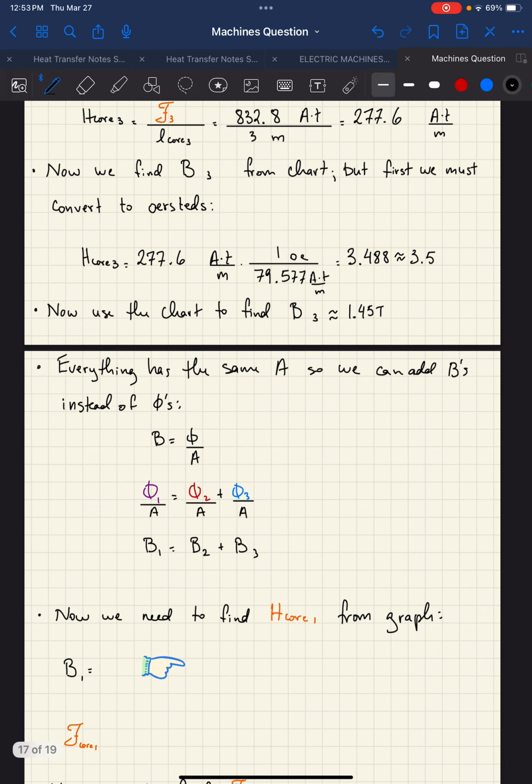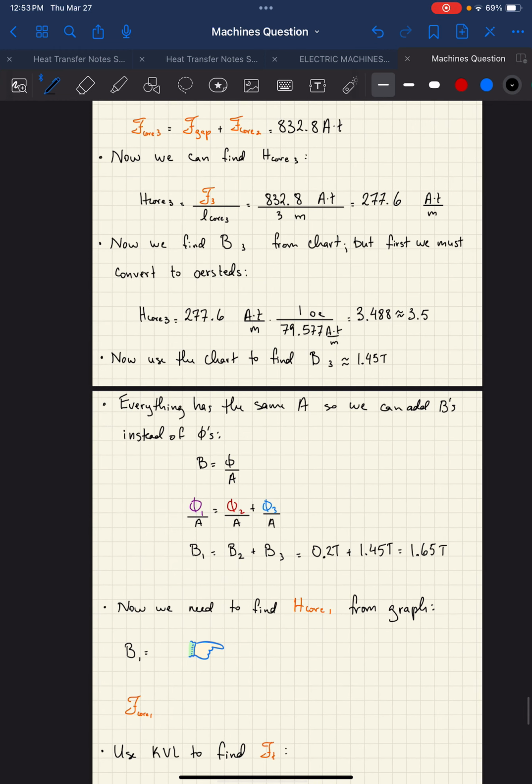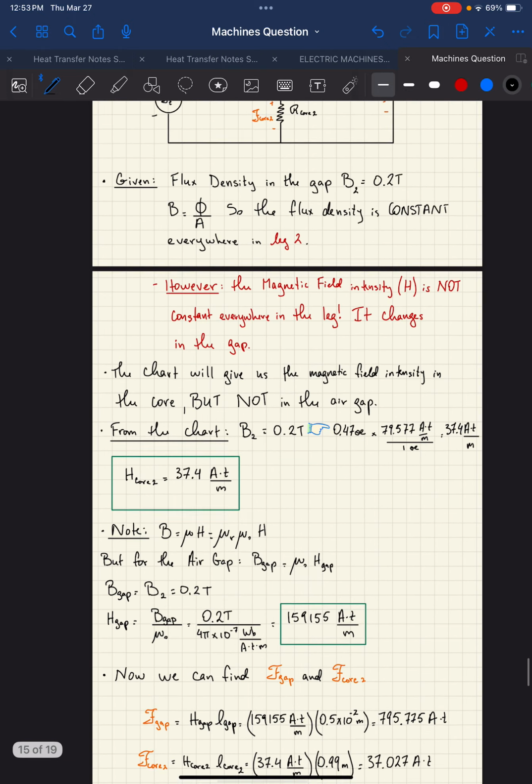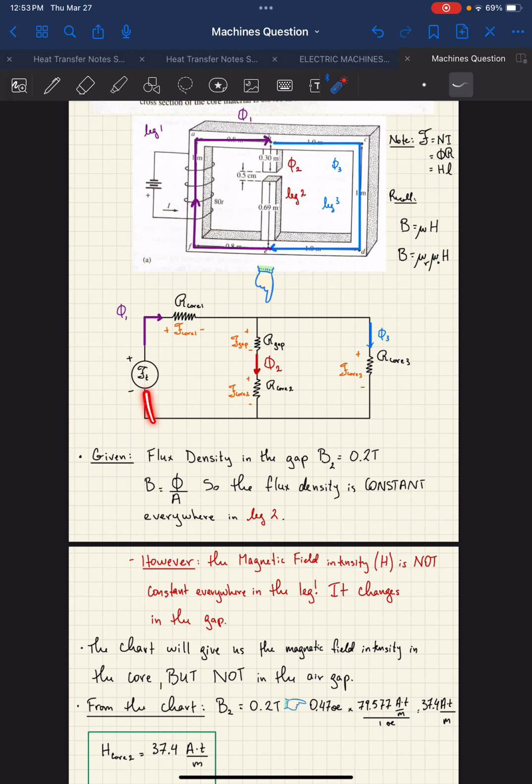So what's B2? It's 0.2 Tesla. B3, we just found it, 1.45 Tesla. So B1 now becomes 1.65 Tesla. So basically now we found B in here, which is sort of like the current, but it's not really the current.